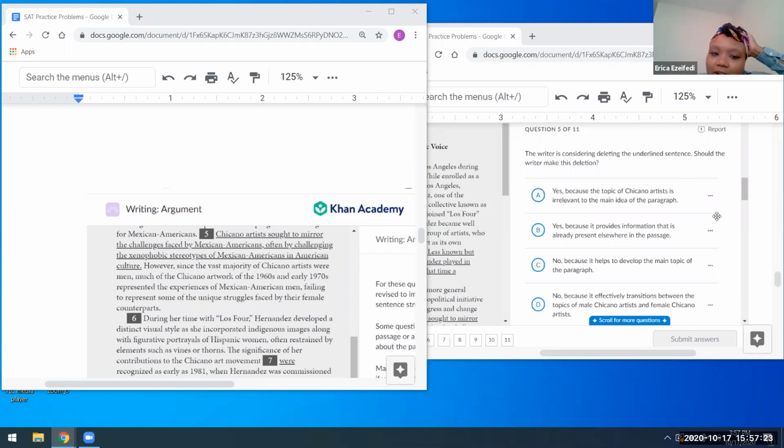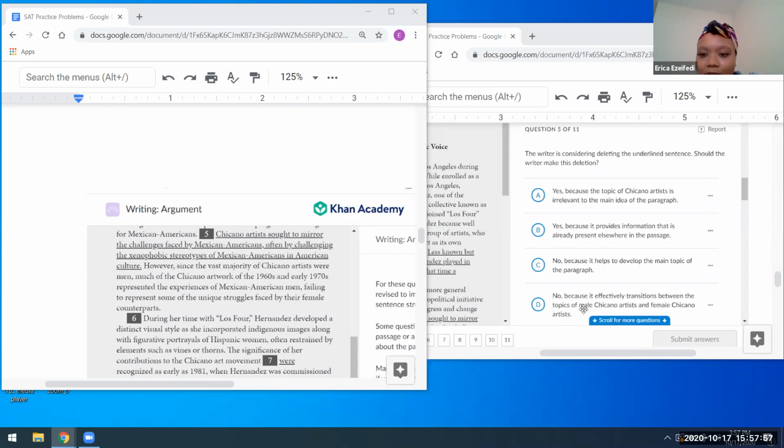So now we have to decide, why do we need to keep this? Okay, well, C says it's because it helps to develop the main topic of the paragraph. D says we should keep it because it effectively transitions between the topics of male Chicano artists and female Chicano artists. Now, for D to be the correct answer, transitions means it changes into or blends into.